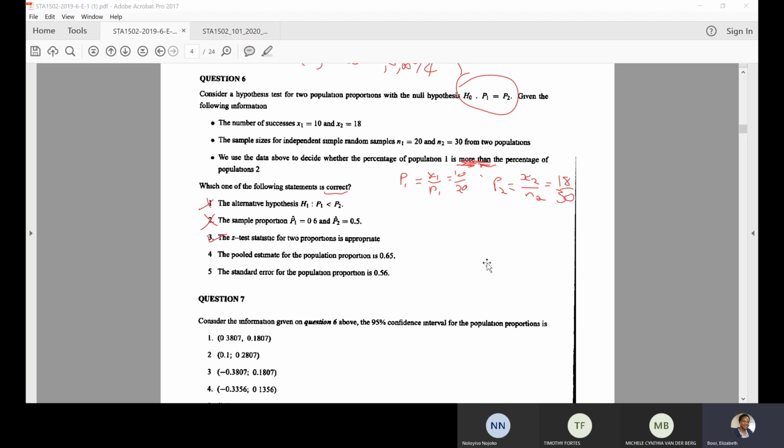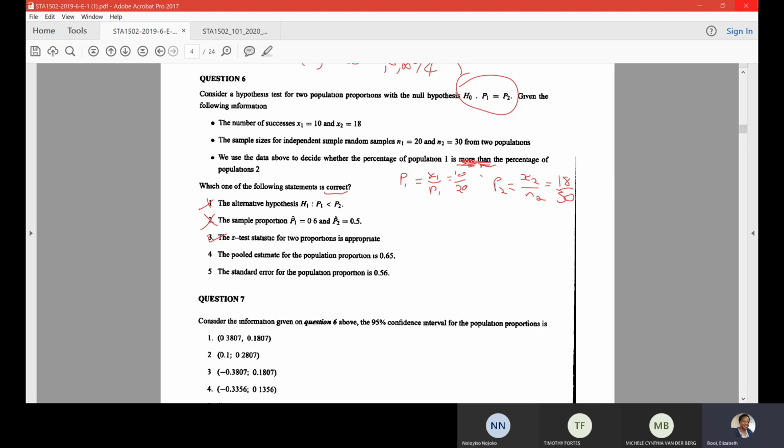Otherwise, if you wanted to calculate the pooled proportion, I hope I'm going to have the correct formula here. The pooled proportion will be your X1 plus X2 divided by N1 plus N2. That's the pooled proportion.